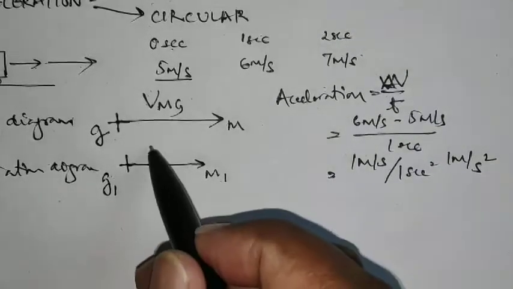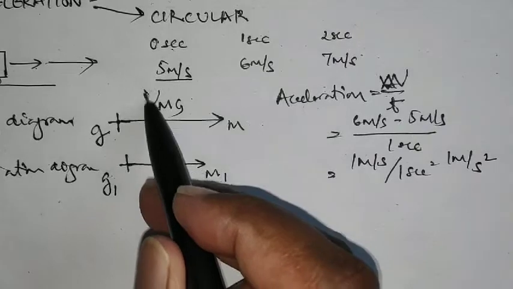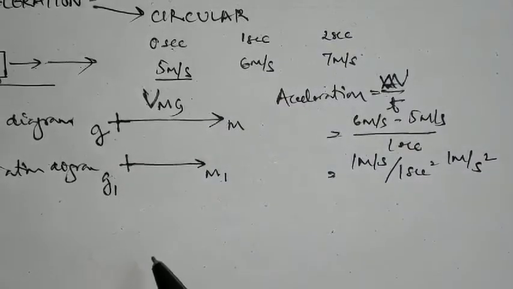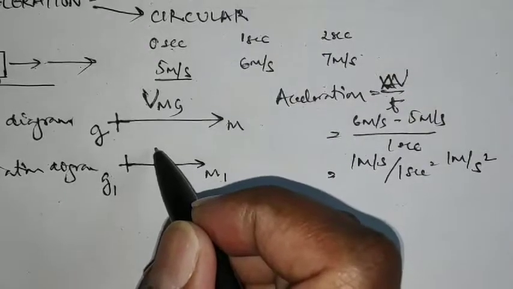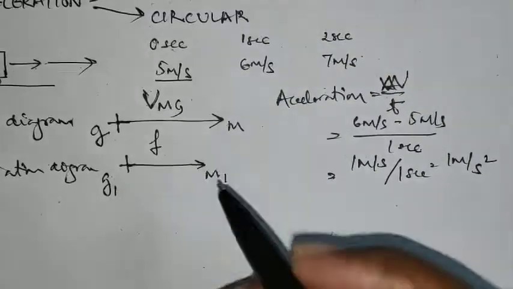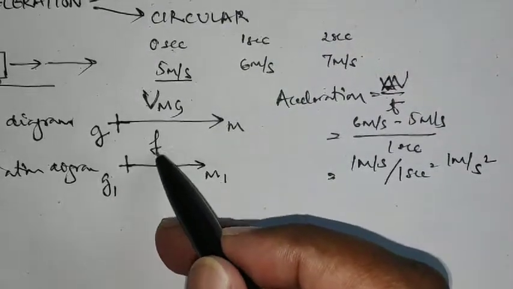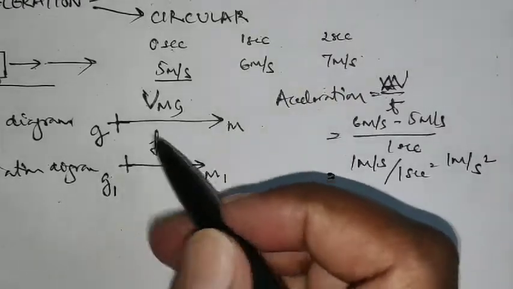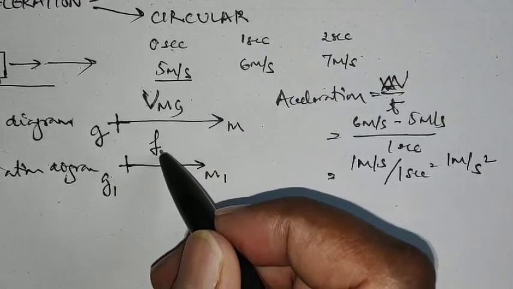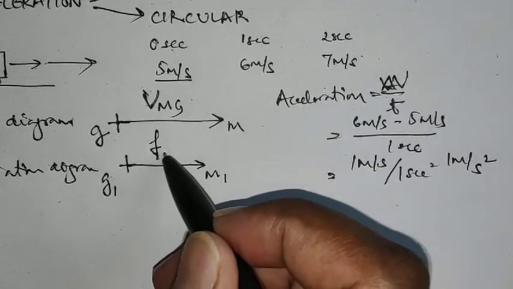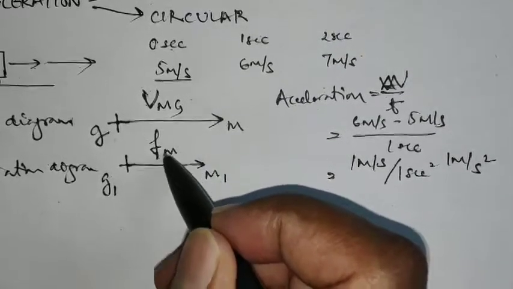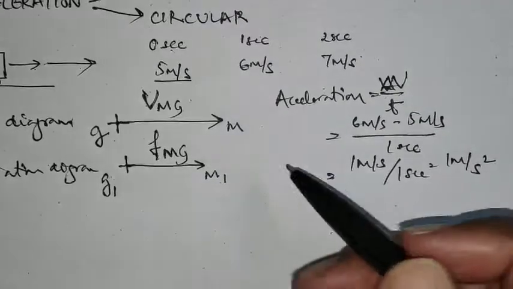In the case of velocity we use the term v. In the case of acceleration we don't use a, we use f. So this has to be remembered. We should have used a, but for many reasons we use f, and I can write that this is the acceleration of m with respect to g.